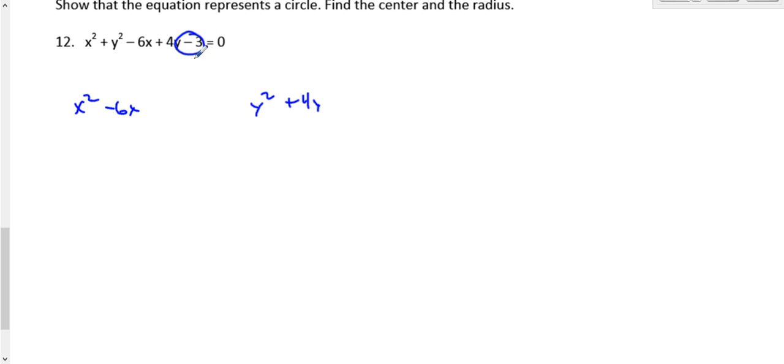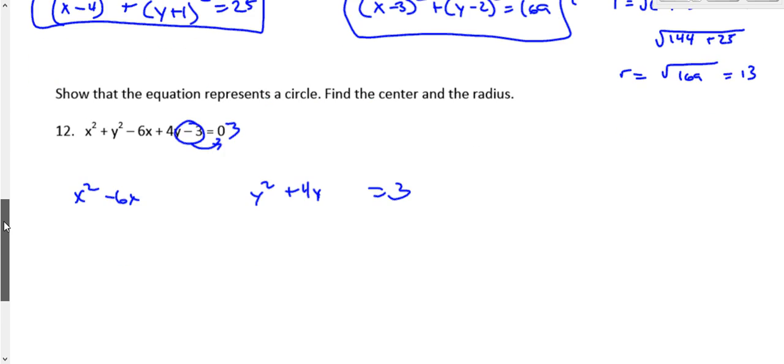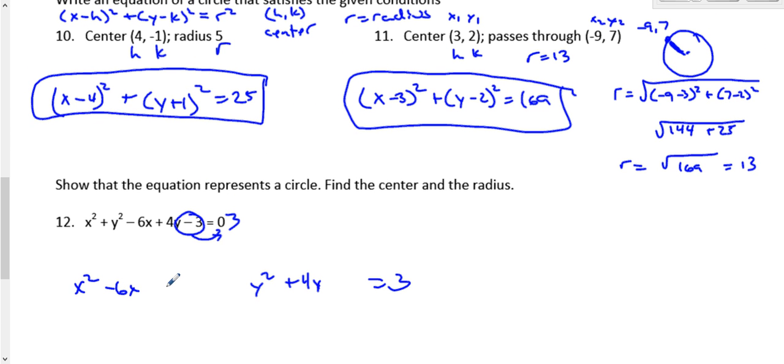This 3 right here, I'm going to add to the other side to get 3. What I want to do after I group these is complete the square. Because when I complete the square, and I have a perfect square trinomial, I can write a factor to be something squared.